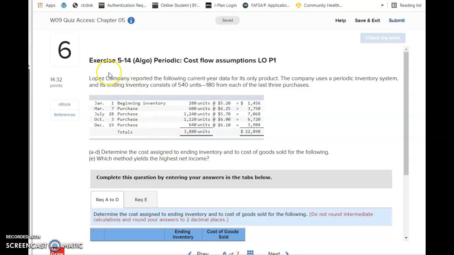We're going over question 6 on the quiz access for week 9. This was a pretty tricky problem. It took me a really long time to figure it out.